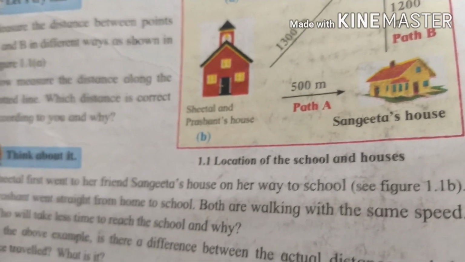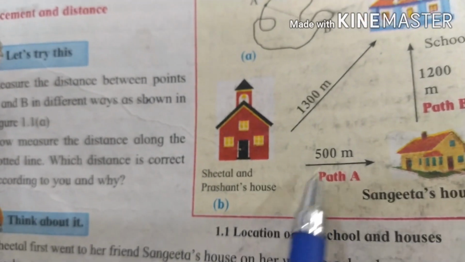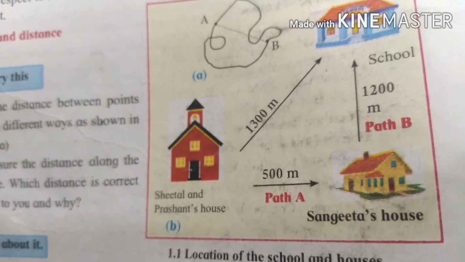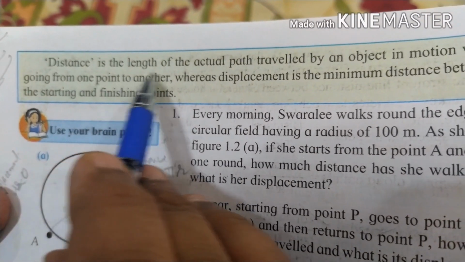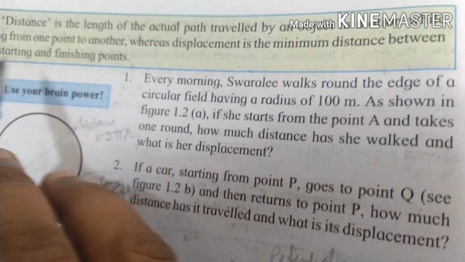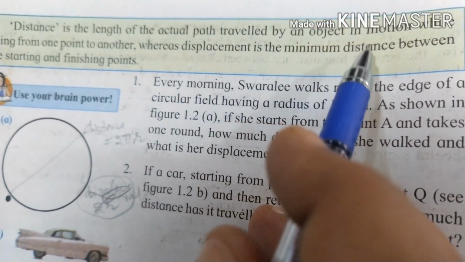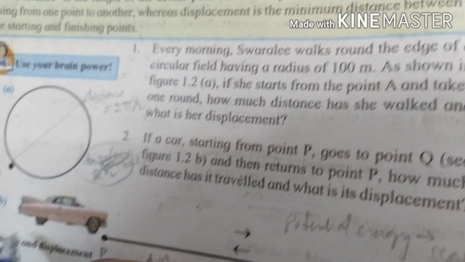The actual distance was 1300 only, but the difference is 1700 minus 1300, that is 400 meter. Now see here, distance is the length of the actual path traveled by an object in motion while going from one point to another, whereas displacement is the minimum distance between the starting and finishing point. So we have already seen this.